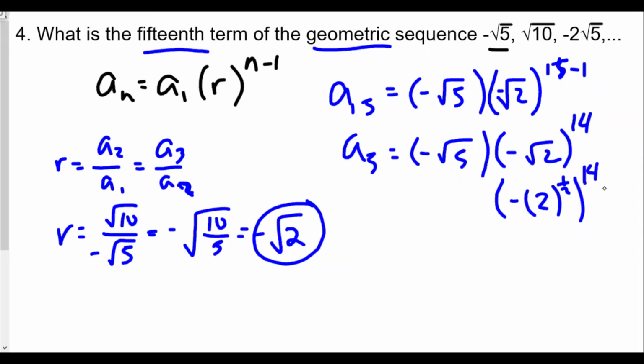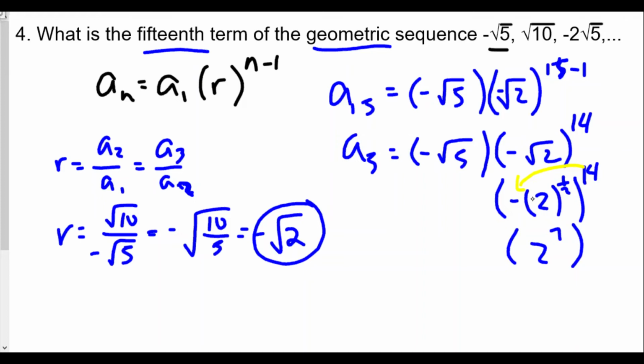When you raise a power to another power, we multiply the exponents. So 1/2 times 14 is 7, and we get positive 2 to the 7th power. You might ask why it's positive 2. It's because the negative number is taken to the 14th power: negative 1 times negative 1 is positive 1, and multiplying negative 1 fourteen times gives an even result.